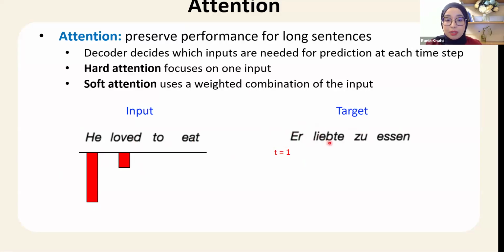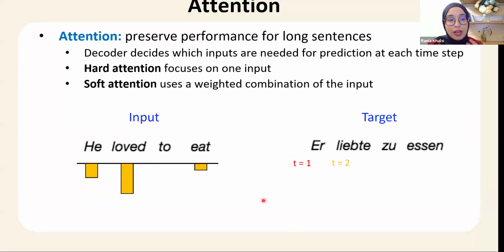Now this is for the first time step. For the second time step we do the same, and we will have a different distribution. The model will naturally assign higher importance to the second word in this case, since it is the current position being processed.